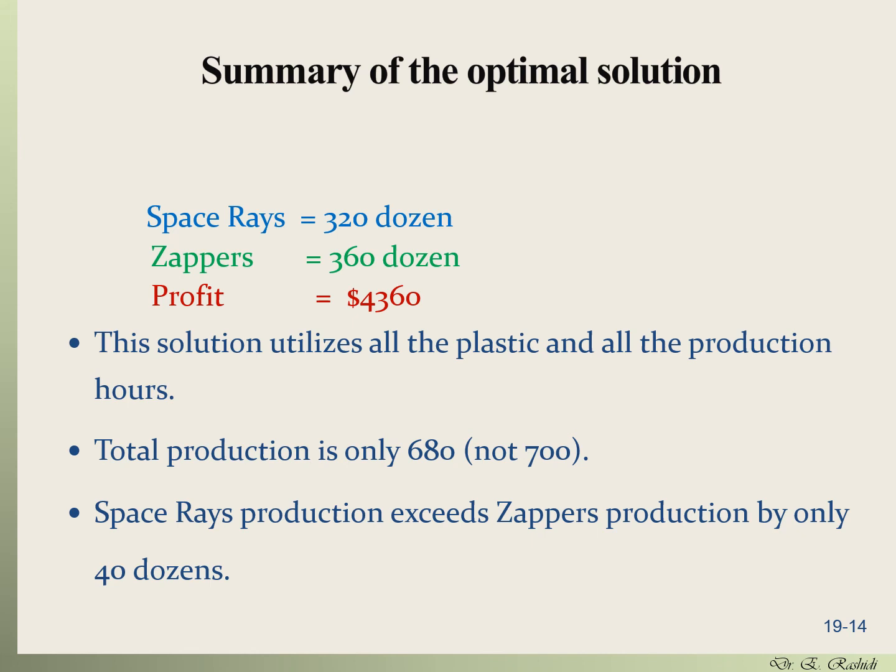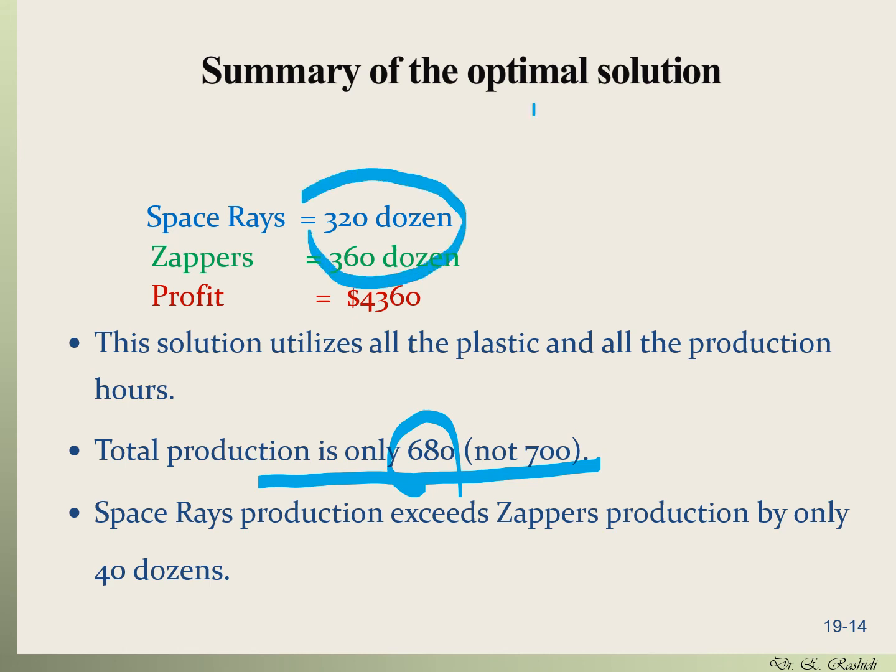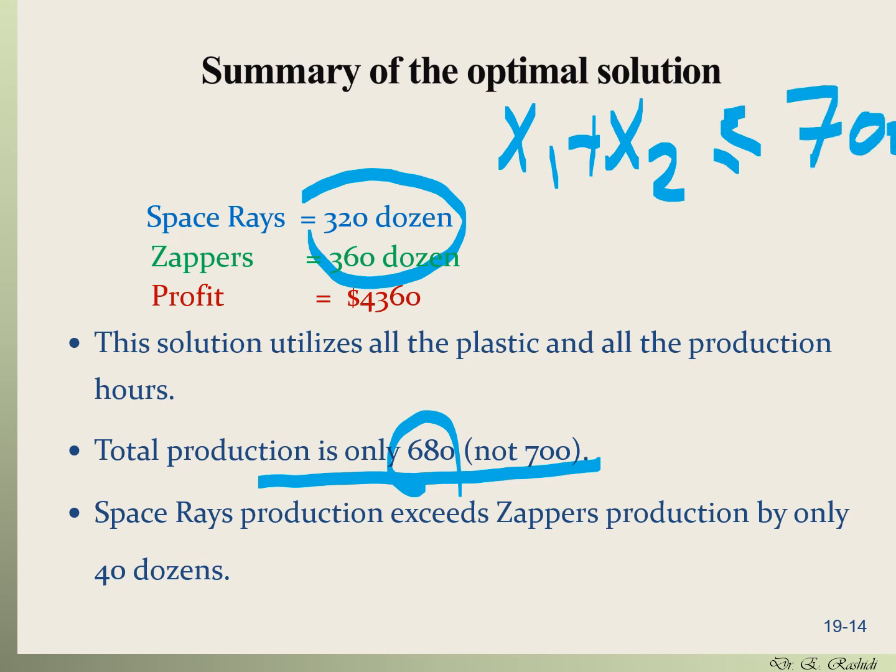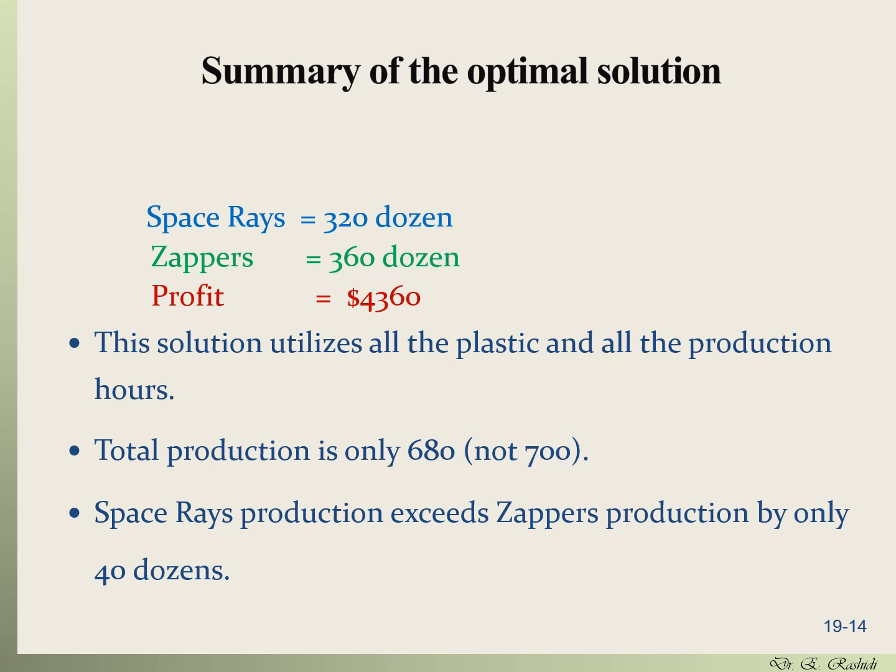And the total production is 680, right? If you add these up, x1 plus x2, one of the constraints was that x1 plus x2 should be less than 700. So x1 plus x2 here is 680, which is less than 700. So this constraint is satisfied. Actually, all of the constraints are satisfied for this solution.